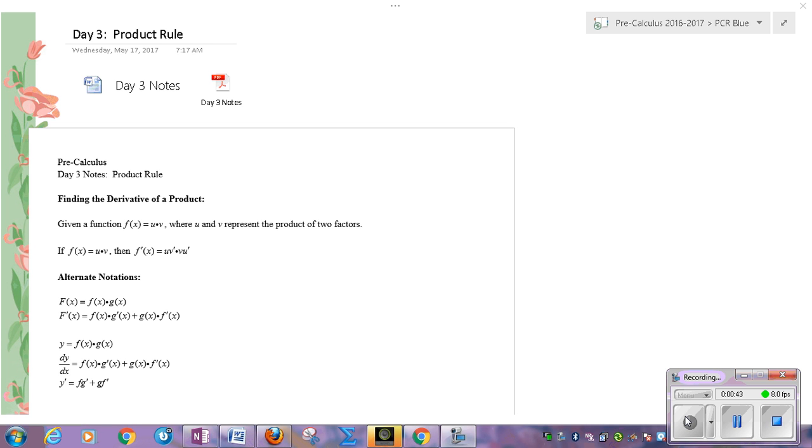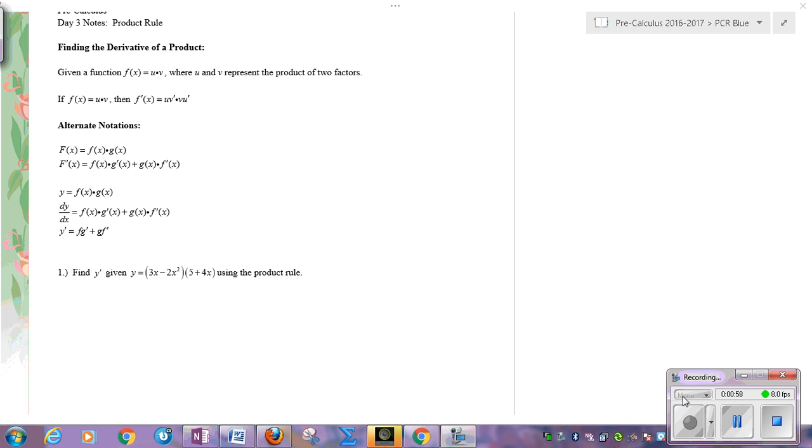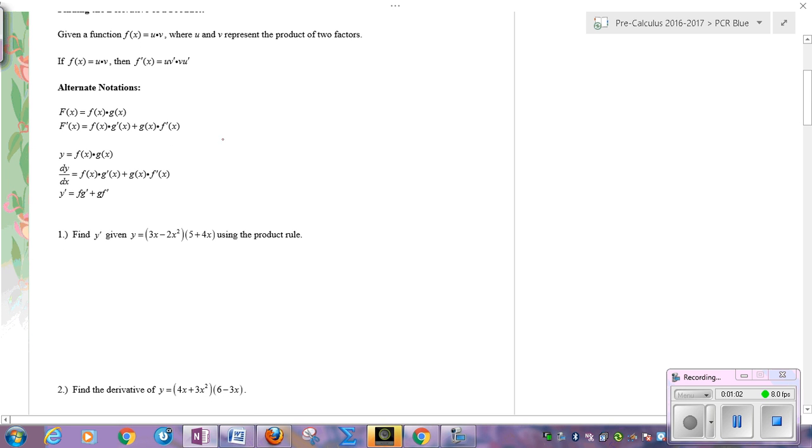So let's say that we are given a function and you have two products, so you're multiplying things together. The rule, basically what we have here is the u and the v represent the factors of your product. So in this case, if you just look quickly at number 1, your factors would be 3x minus 2x squared and 5 plus 4x.